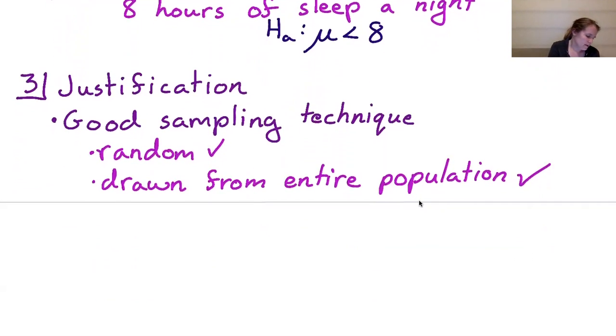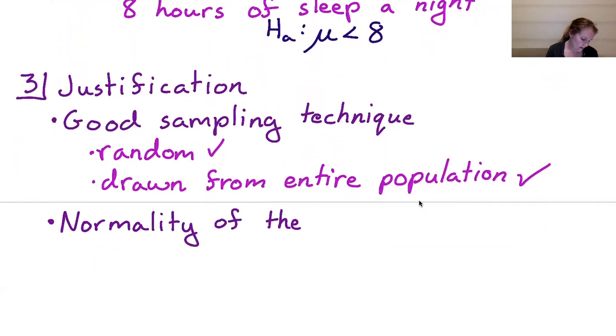In addition to this, we need to have the normality of the X bar distribution. Since we were talking about the mean, we should talk about the distribution of sample means. We had two options. Option one is if we are told the population data is normal, which we do not have that condition in this problem.